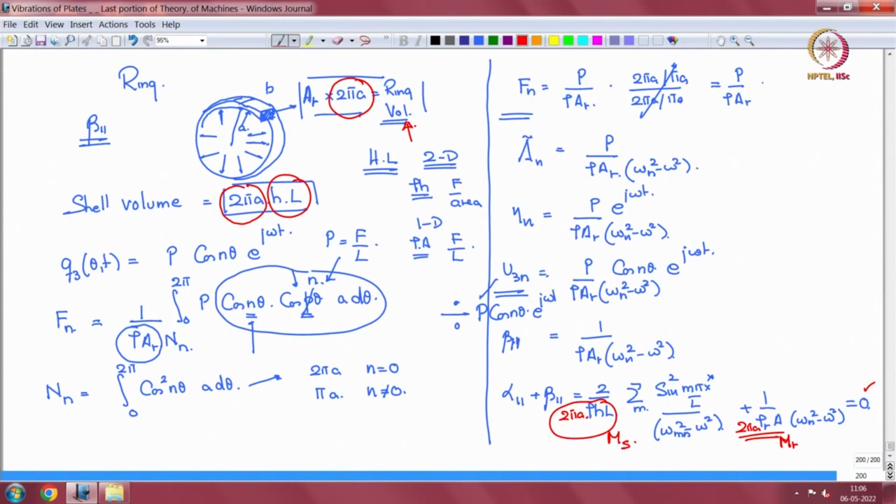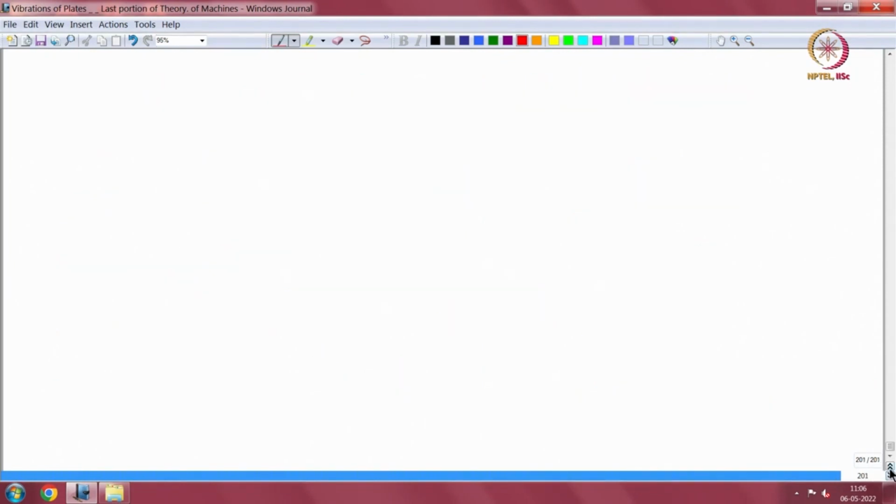So, alpha 1 1 plus beta 1 1 is equal to 2 by ms, summation sine square m pi x star by L by omega mn square minus omega square, plus 1 by mr into omega n square minus omega square equal to 0. So, that is the new frequency equation.